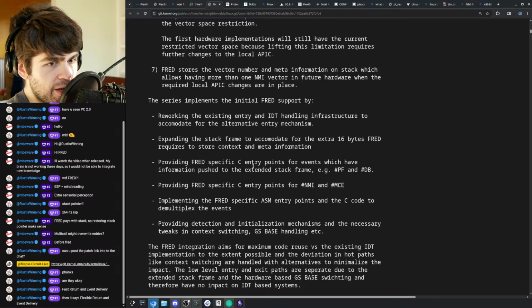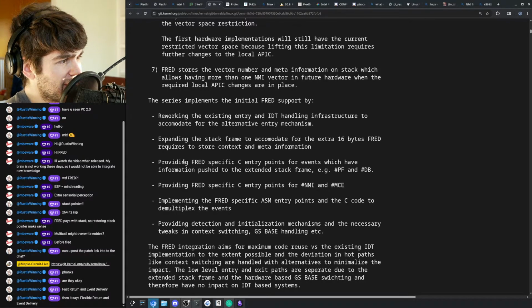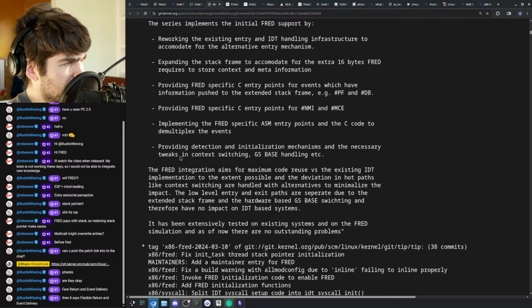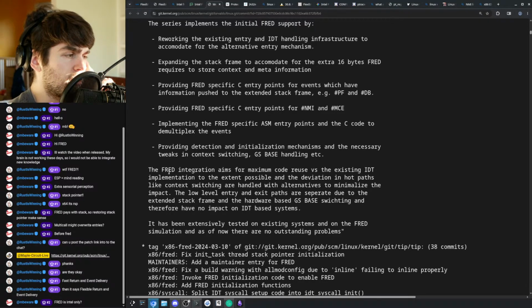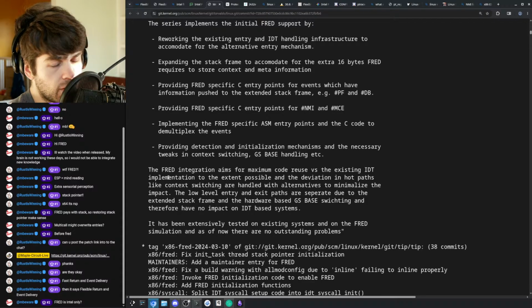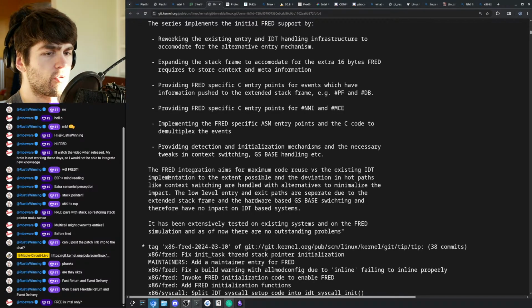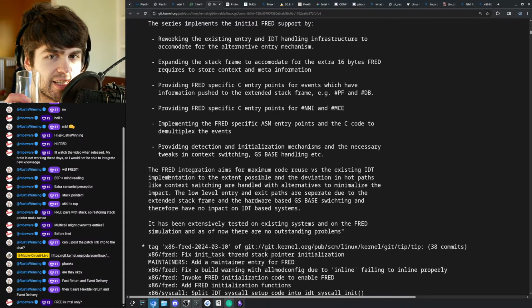Because it is also fast, okay? That's the point. Yes, it should be Intel only, because there's actual change, like you need a specific silicon for it to work.